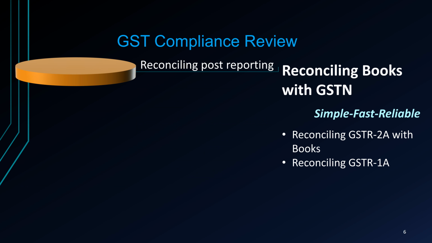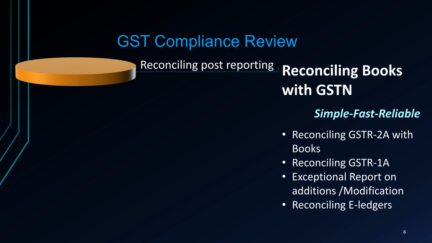And whenever there are corrections appearing in the sales register by way of 1A, is it matching your outward supply? And do you have a method to capture all the exceptions, either additions, deletions, or modifications? And lastly, do the balances in the various ledgers maintained by the GSTN match your own records.